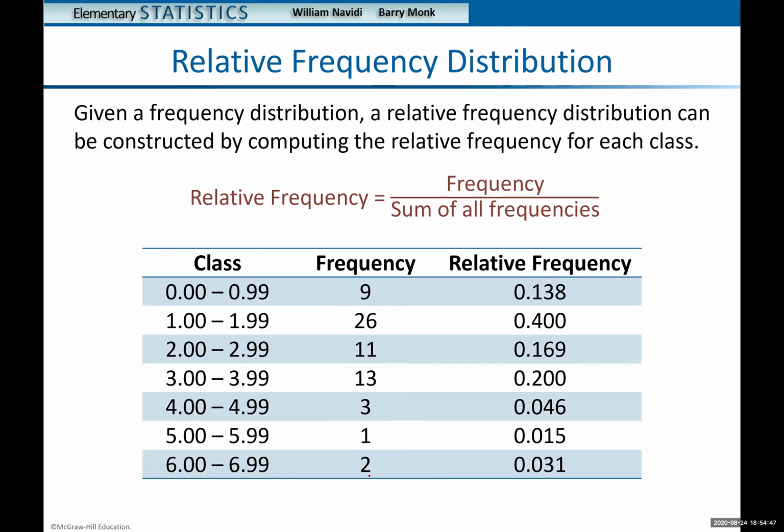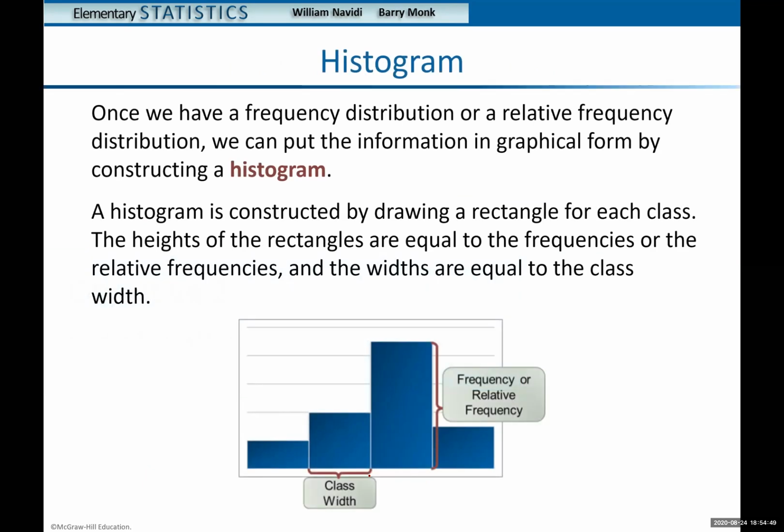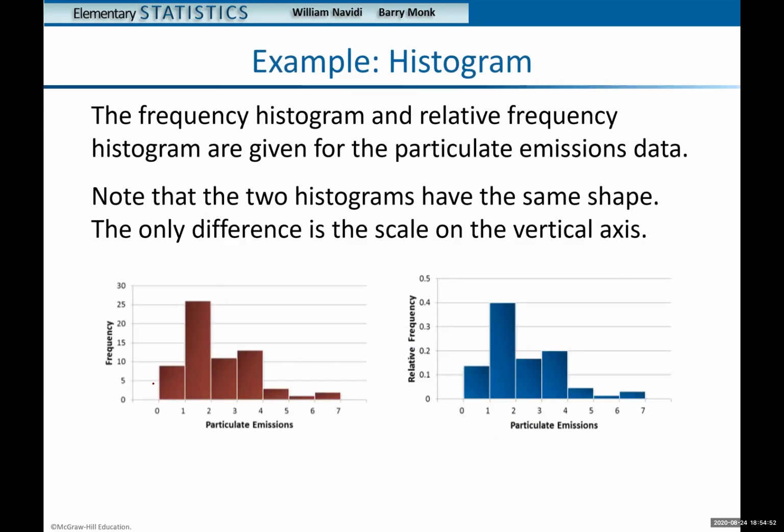So the first one is 9 here, this is 26, this is 11, this is 13, this is 3, this is 1, and this is 2. So these are all the frequency F. And if you use the relative frequency, you're going to have exactly the same thing with all those RFs.